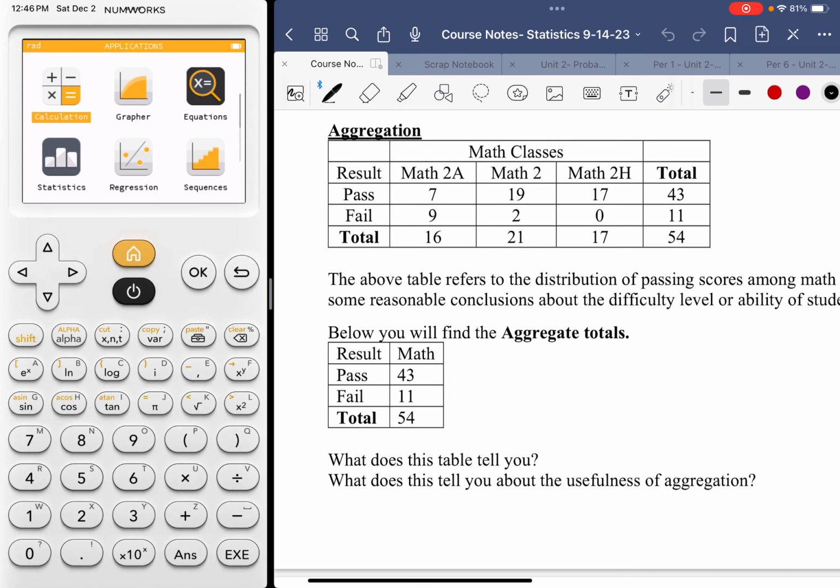So when I say, what does this table tell you? It tells you the passing percentage or passing rate. What does it tell you about the usefulness of aggregation? Well, it simplifies down to one category, which simplifies computation.